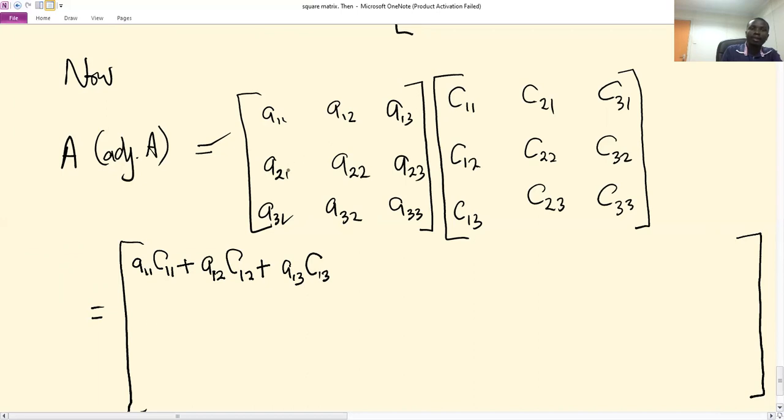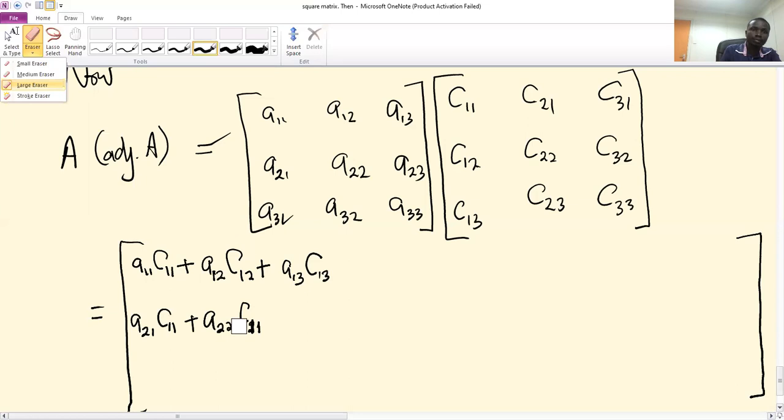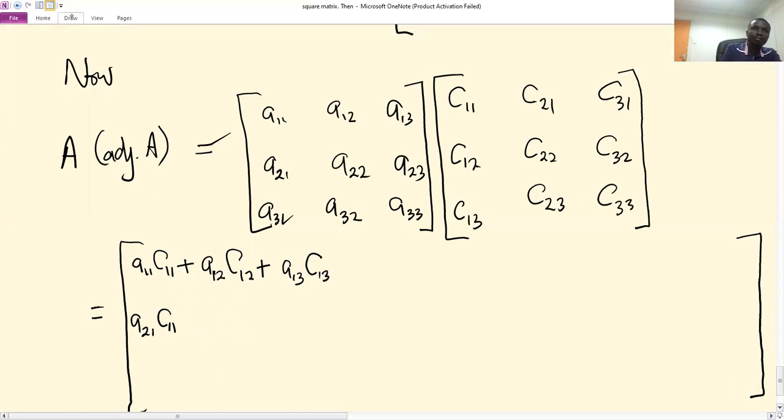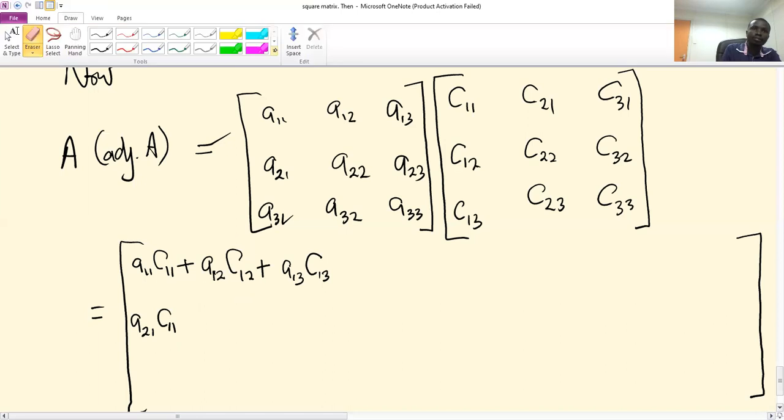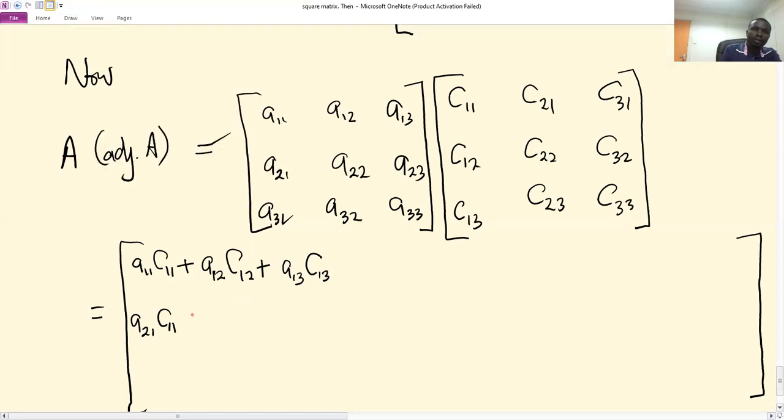And then the element here will be A21 C11 plus A22 C12 plus A23 C13.